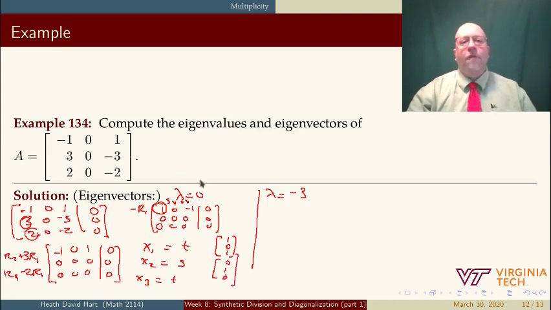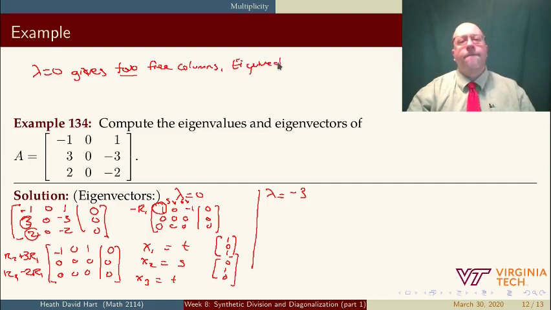And so we have 2 different and linearly independent eigenvectors for lambda equals 0. Lambda equals 0 gives 2 free columns, eigenvectors are 1, 0, 1 and 0, 1, 0.